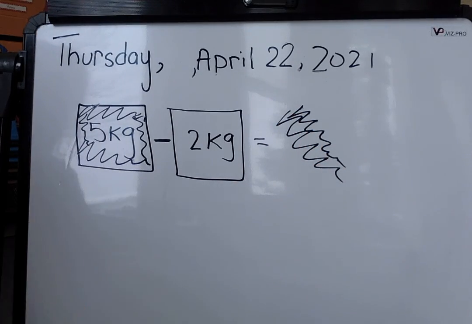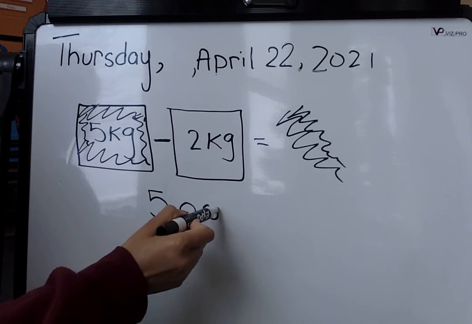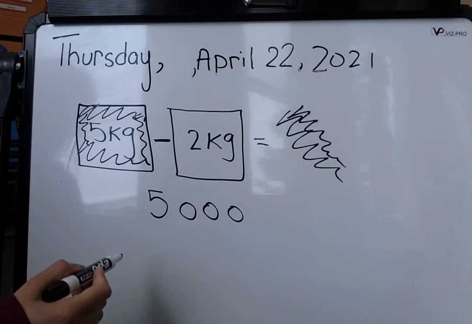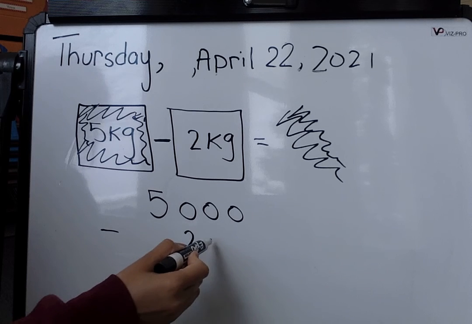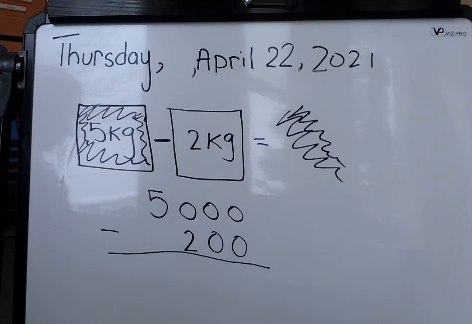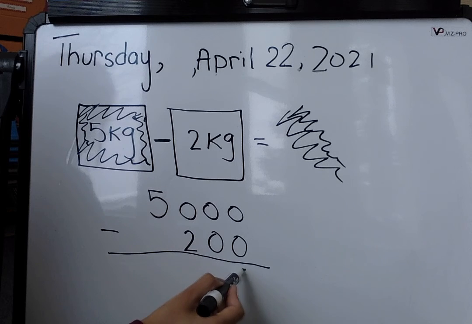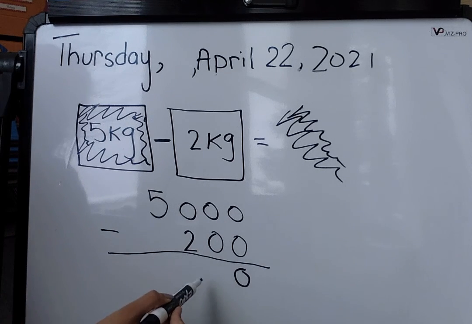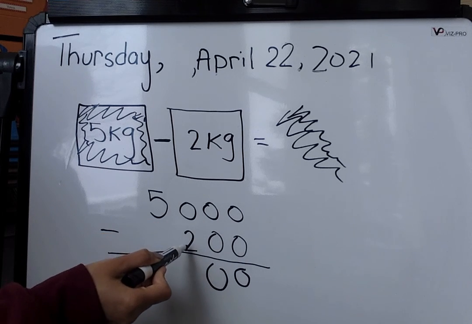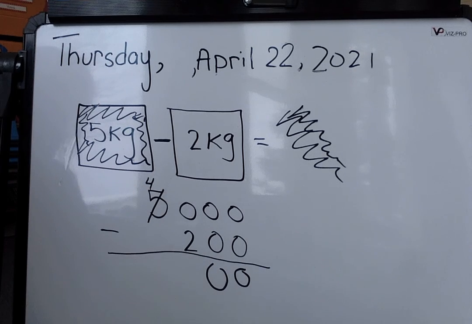Okay, so let's go ahead. We do know that 5 kg means 5,000, right? So we are going to do 5 kg, take away 200. Zero take away 0 gives me 0, 0 take away 0 gives me 0. I cannot do that because I have nothing, so I cannot give you 2, so I am going to borrow, right?